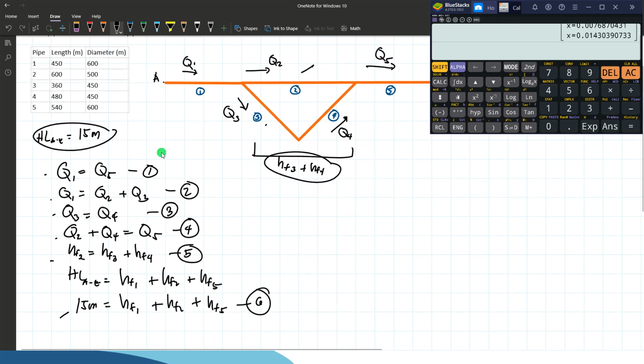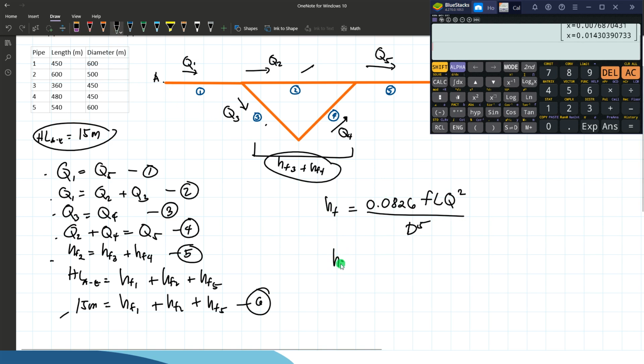Okay, so let's now solve using the formula for the head loss using Darcy-Weisbach, because we have a given friction factor. So for pipe 1, using 0.0826 FLQ squared over D raised to 5 as our general formula.